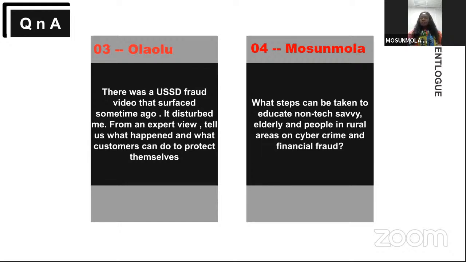So they should be observant, and they should not click on websites that are not secured. One of the ways you know if a website is secured is that it has the HTTPS with the padlock sign. Once a website doesn't have that, please do not click. Sensitize them not to click on such links.